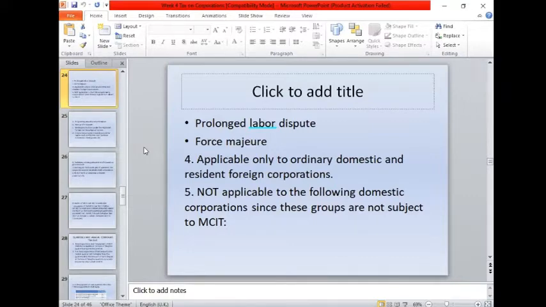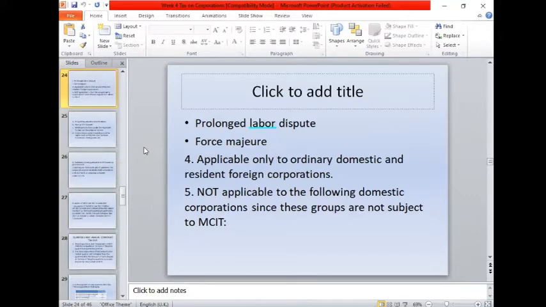And the fourth guideline is that it is only applicable to ordinary taxpayers, regardless if it is a domestic or resident foreign corporation.